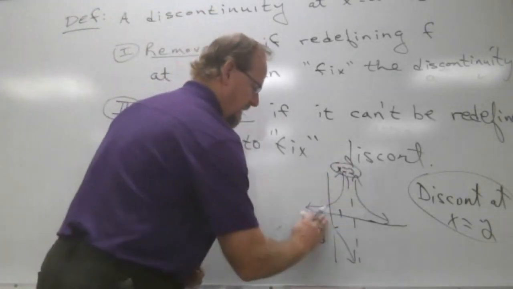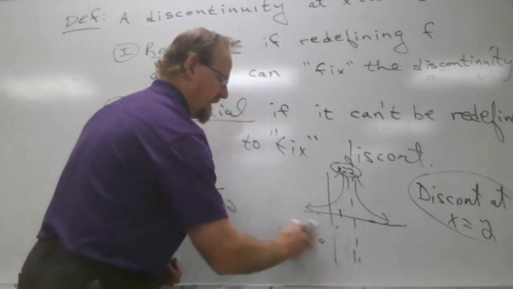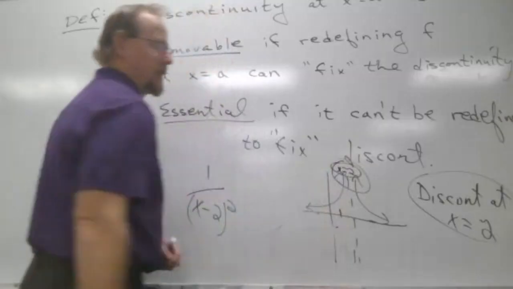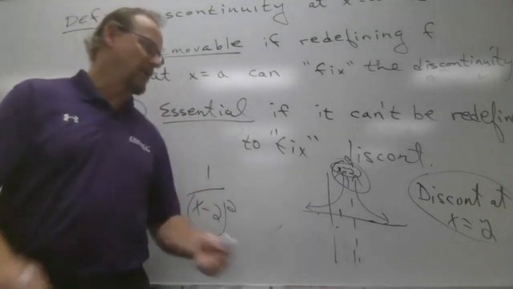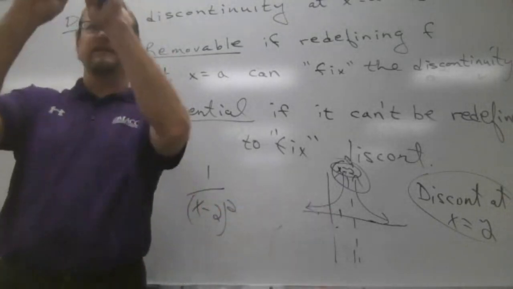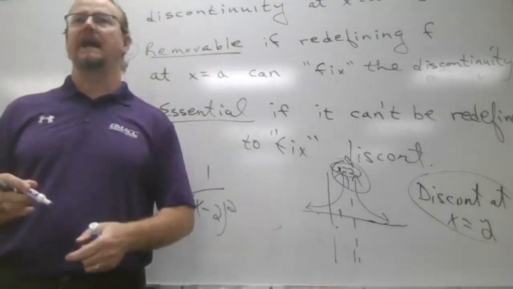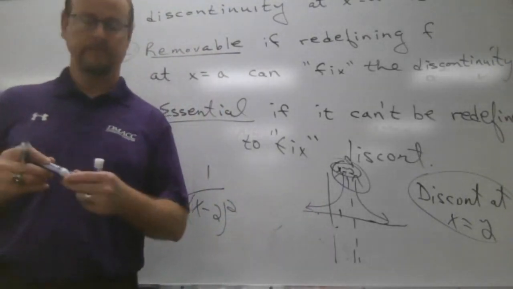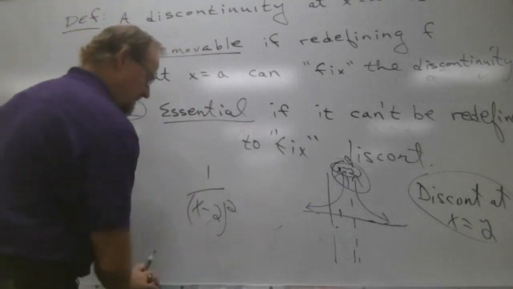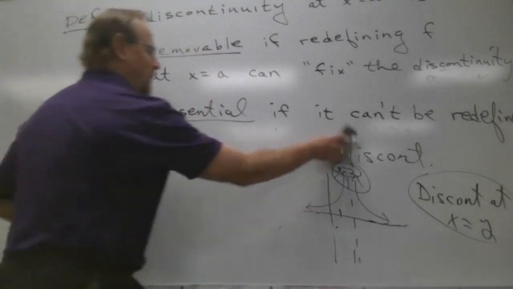You're never going to close that gap. No matter how high up you get, no matter how close to x equals 2 you get on both sides, there's always more than just one dot in between. So this is called an essential discontinuity. Hopefully that makes sense.